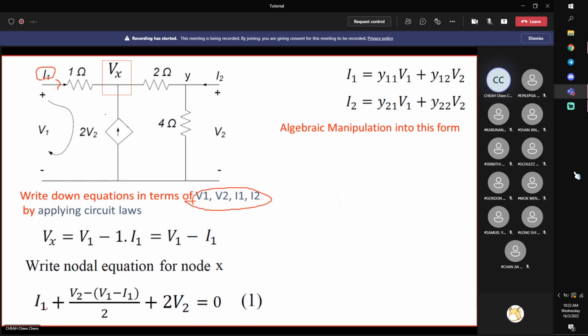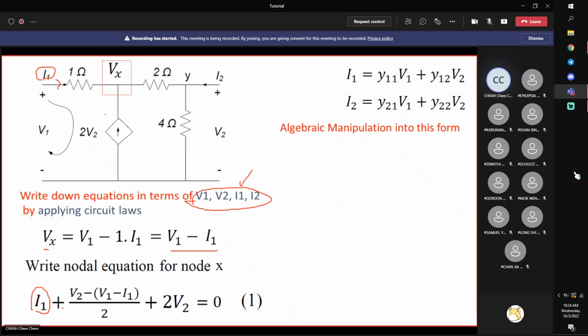So just put down I1 directly. Even if you try to do V1 minus Vx, remember Vx is this. So V1 minus Vx divided by 1, you still get back I1. Then you spend additional steps and go back to the same thing again. So here, as I said, the current is known, I1. We need I1, just leave it as I1.